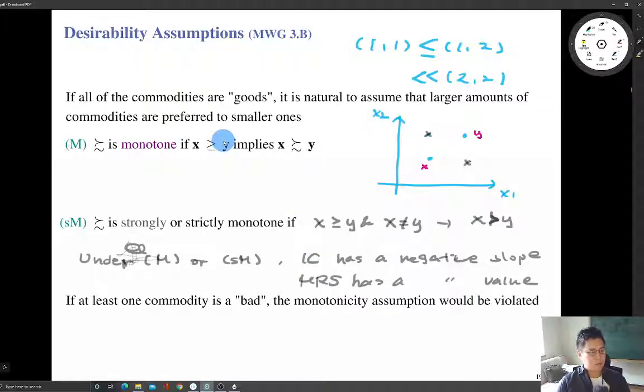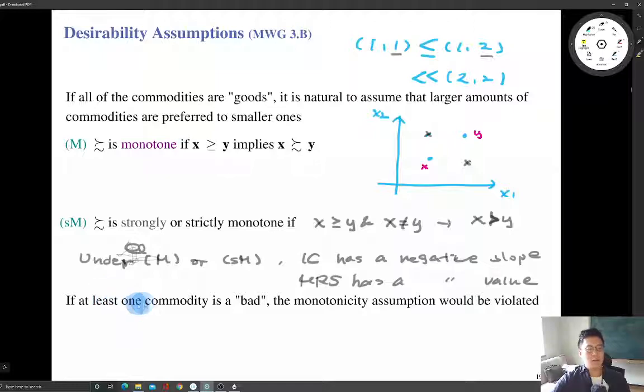One more thing you can observe is that monotonicity allows for a neutral good. A neutral good is one where the consumer does not care about the amount of the commodity. So if the second good is neutral, then the consumer feels totally indifferent between these two bundles. Although some commodities are neutral, it does not violate monotonicity, but it does violate strong monotonicity.